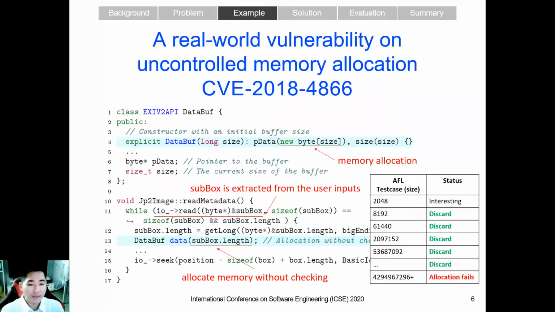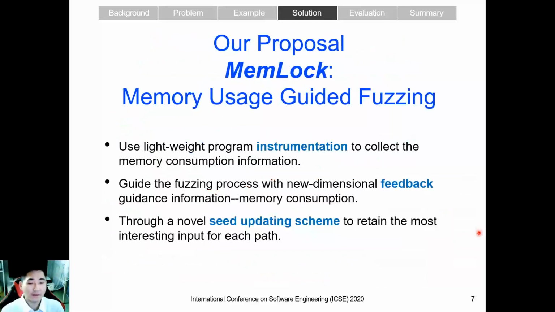If a mutated input tries to allocate more memory, but still executes a covered path, it will not be considered an interesting input, since it has not increased the coverage. AFL may simply discard such mutated inputs. Therefore, it is difficult for AFL to generate an input with a sufficiently large allocation size that causes the failure.